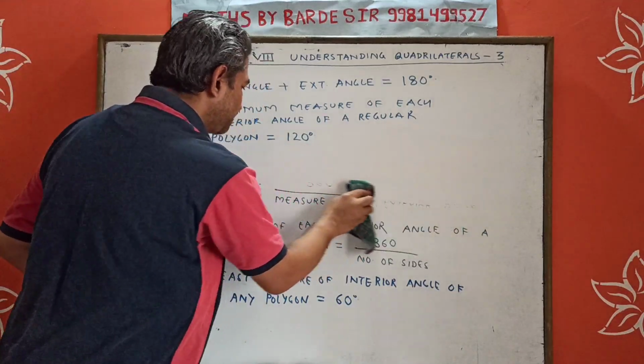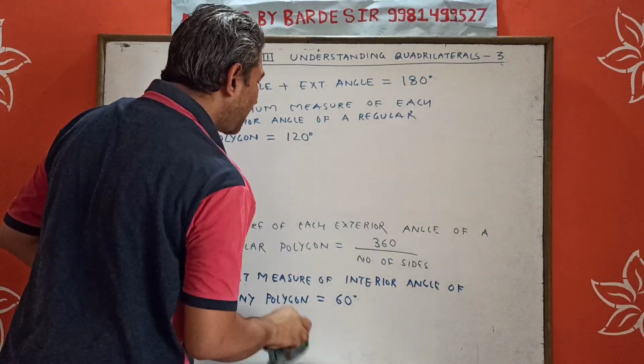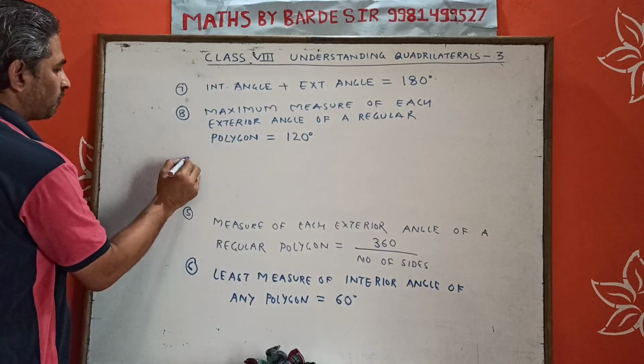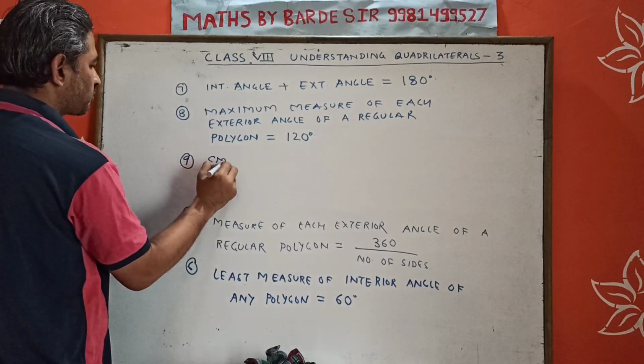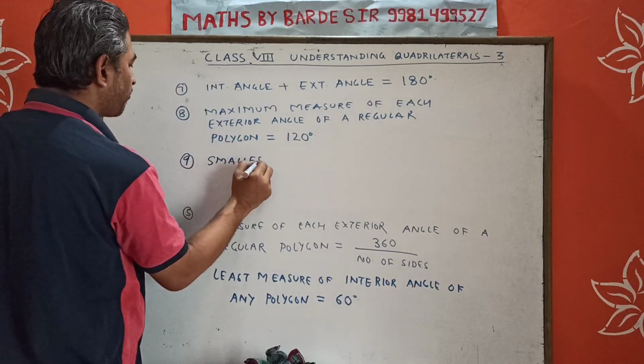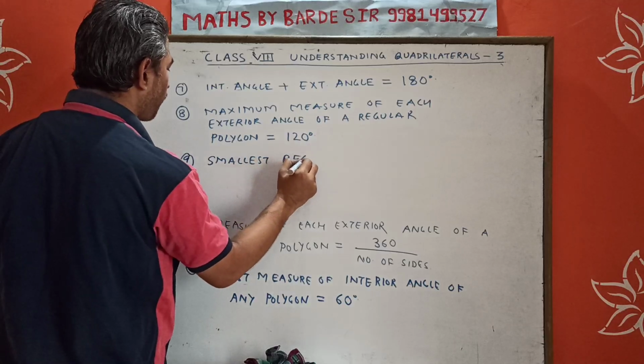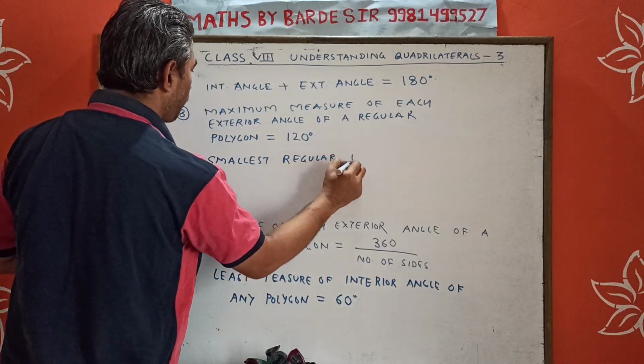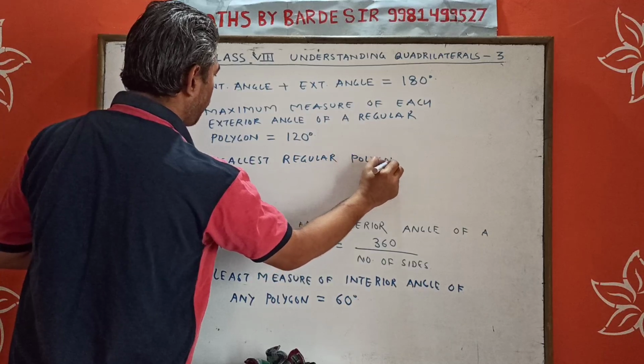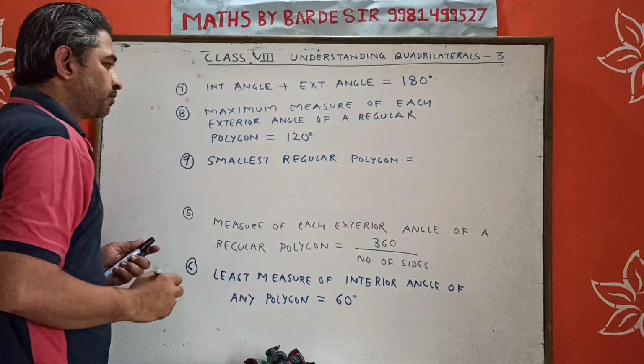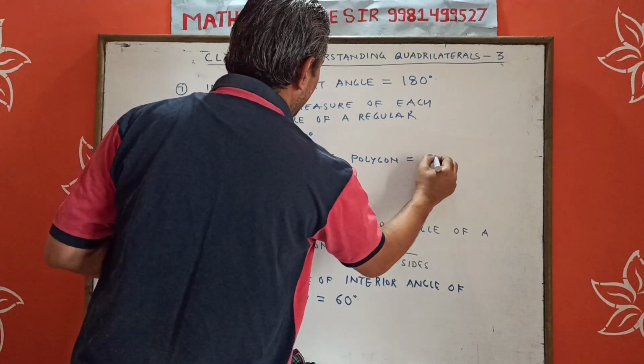Apart from this, the smallest regular polygon is an equilateral triangle.